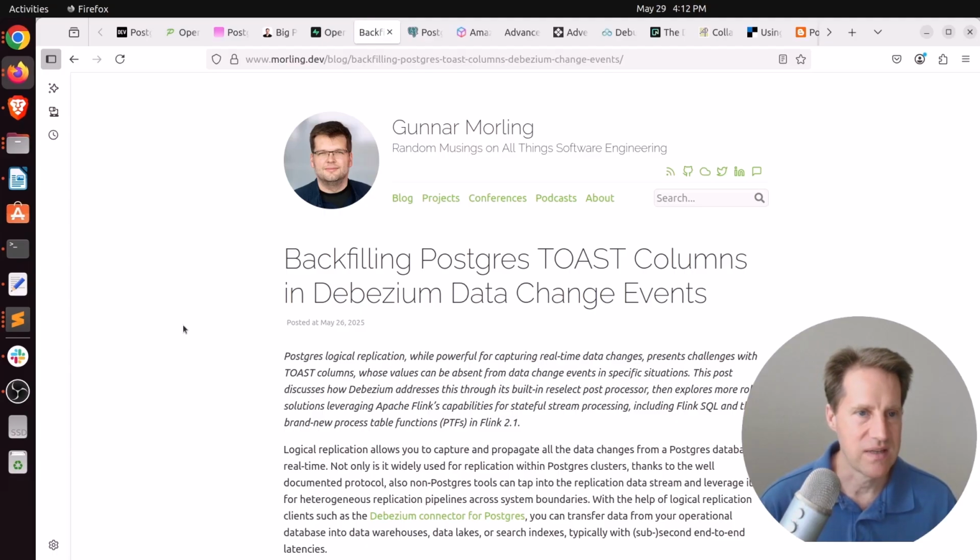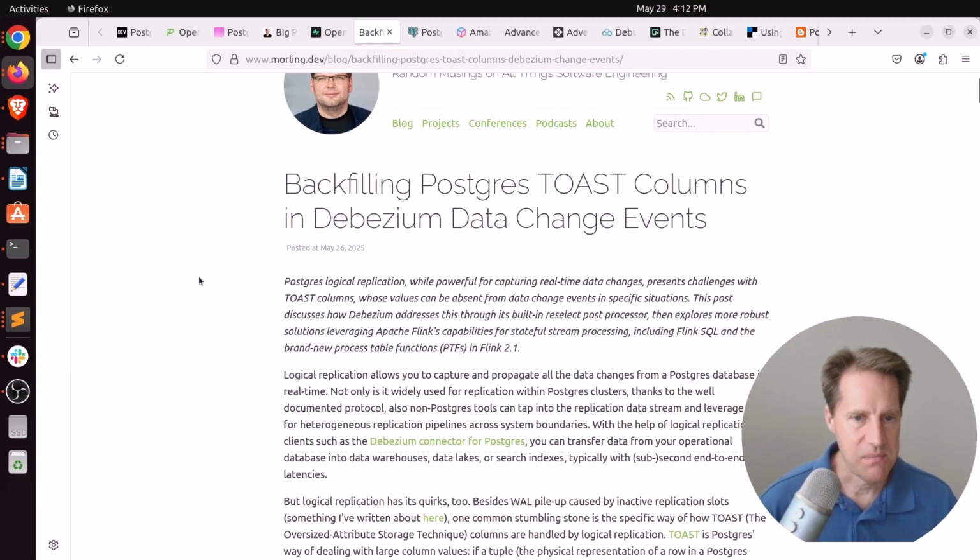This is from morling.dev, and he's talking about Debezium, which is a change data capture utility to actually read the WAL stream from Postgres to extract data changes from there. So basically the use case is to transfer data from your operational database into data warehouses, data lakes, or search indexes, typically with sub-second end-to-end latencies.